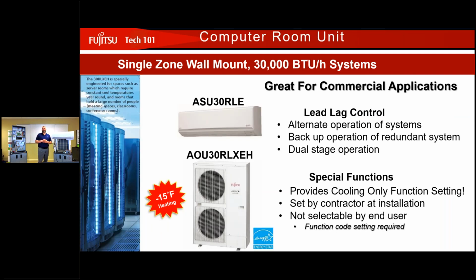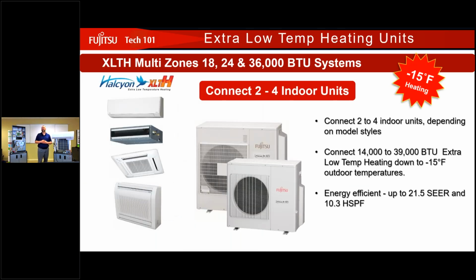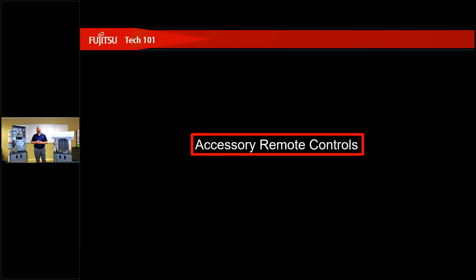Once again, our ASU 30, great for commercial lead lag applications. 2 to 4 connected units on our 18, 24, and 36,000 BTU, down to -15 heating. Remember, the 45,000 BTU does not have that XLTH option.